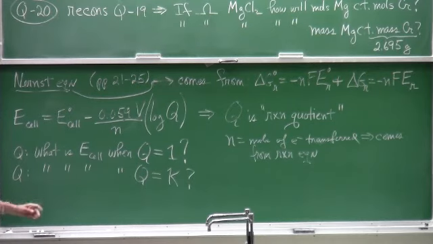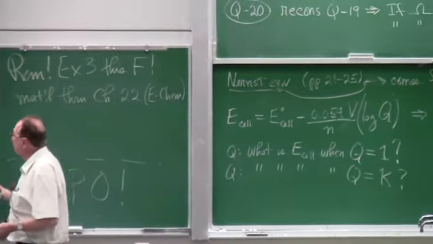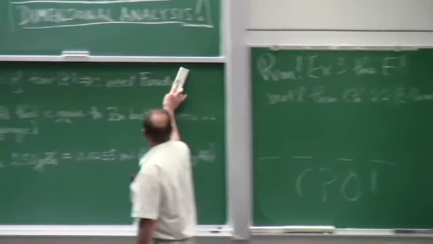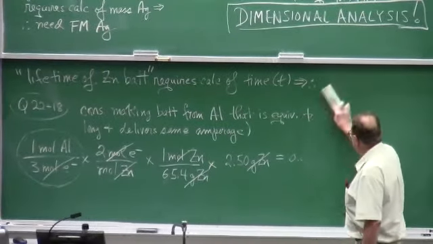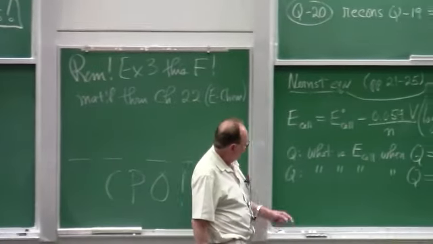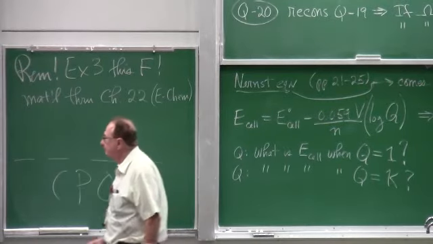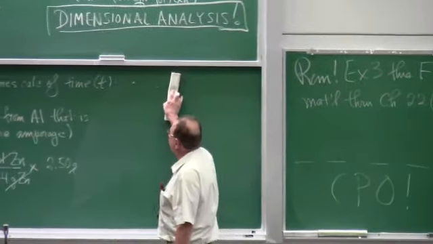So a couple questions before we start doing some sample Nernst equation calculations. When Q is equal to 1, what's the value for E cell?